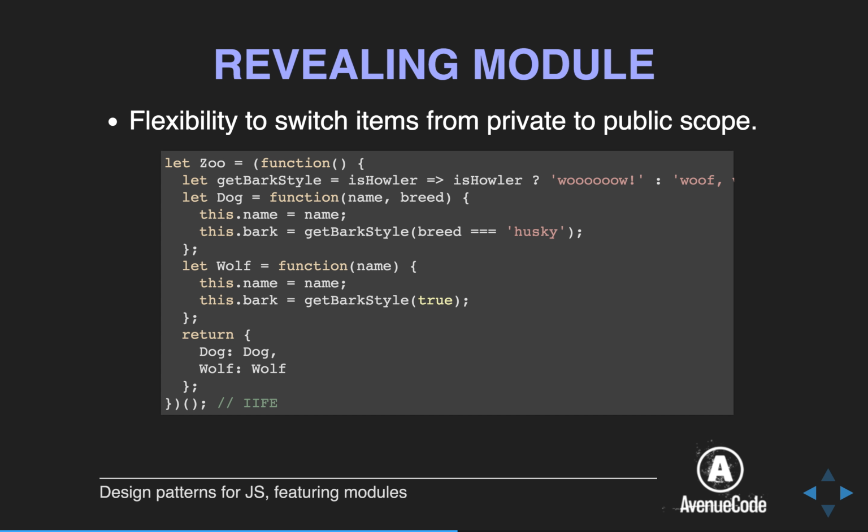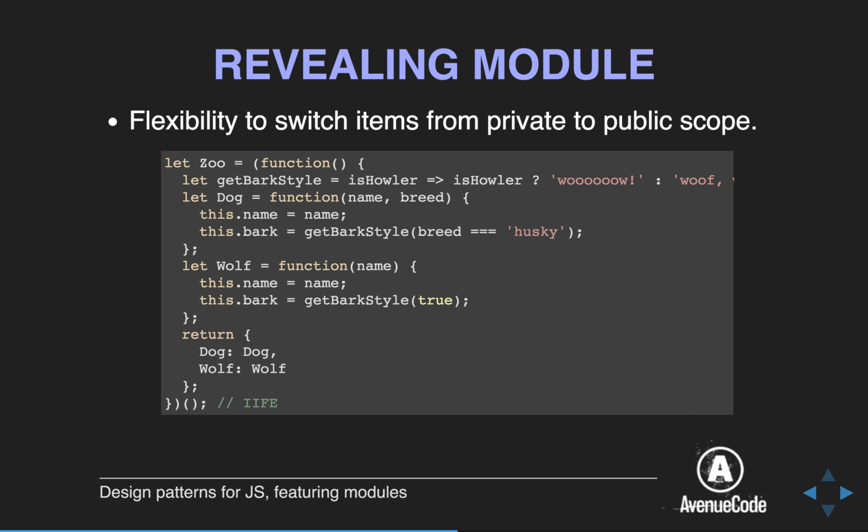And when you return, you pick which ones you want to expose. The advantage is that later, if you no longer want to return wolf, or no longer want to return dog, or maybe you also want to include getBarkStyle, it's much easier. You can just change it here, and you don't need to move these pieces up and down, as you would have to before.